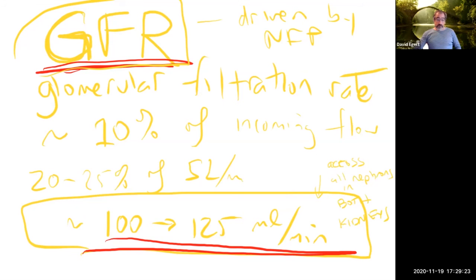Now what we're going to do is shift into the bigger picture. There's the glomerulus. Here's our Bowman's capsule.